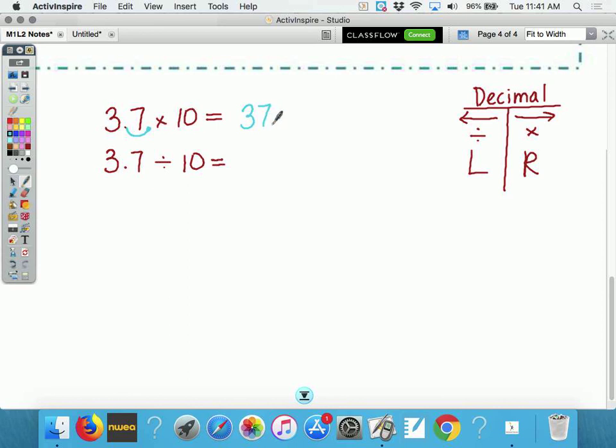No. Now, when I divide, decimal trick says move the decimal to the left. How many place values for 10? 1. Go ahead and do it. So I've got decimal 37. What do I need in front of that? 0. How do you say that number? 37 hundredths. Very good.